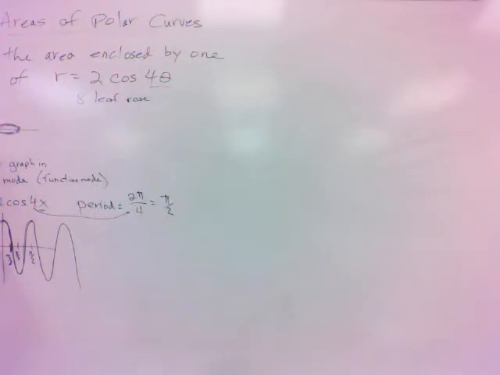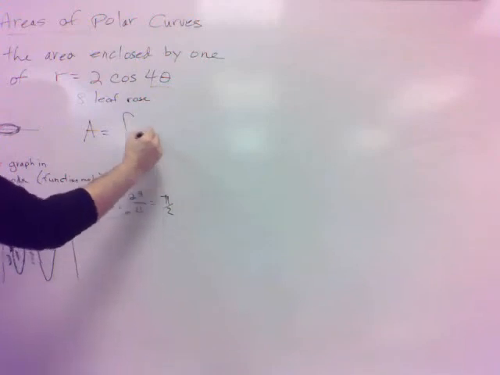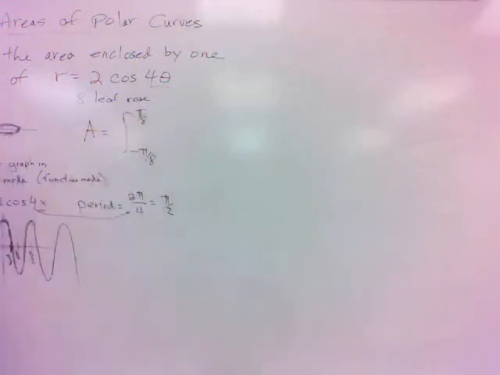So if this is represented here by this part of the graph, that's from minus pi over 8 to pi over 8. So to sweep out that area, I need to go from minus pi over 8 to positive pi over 8. That's how I figured that out.